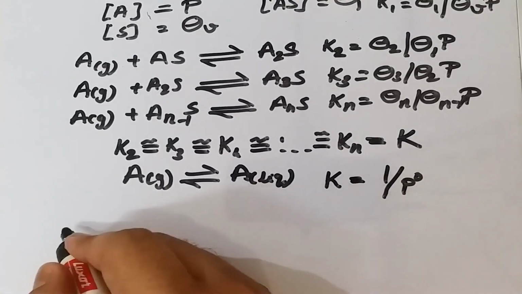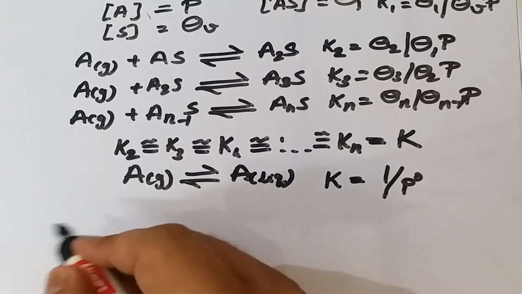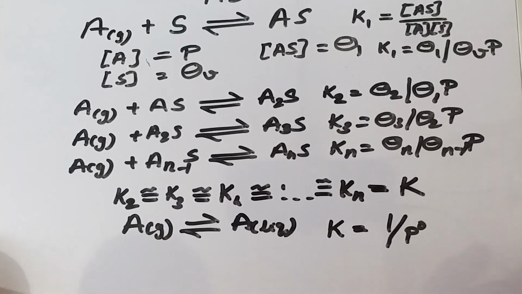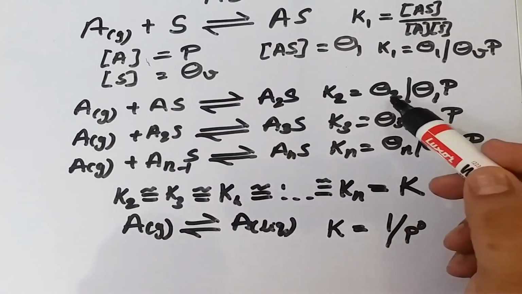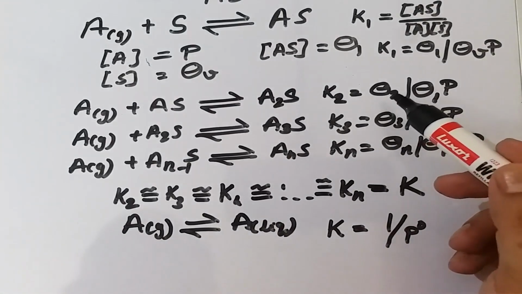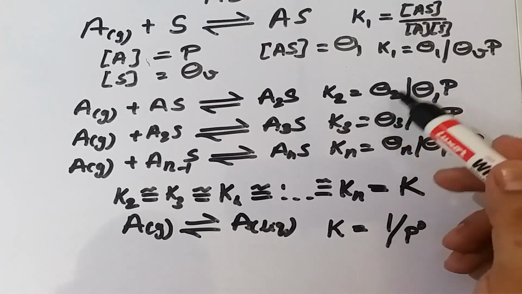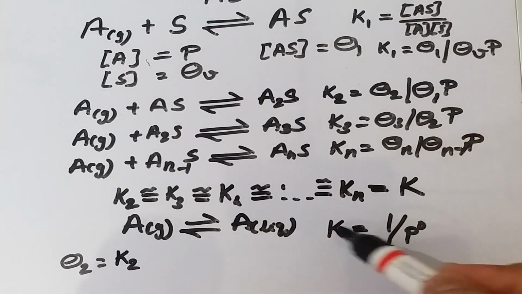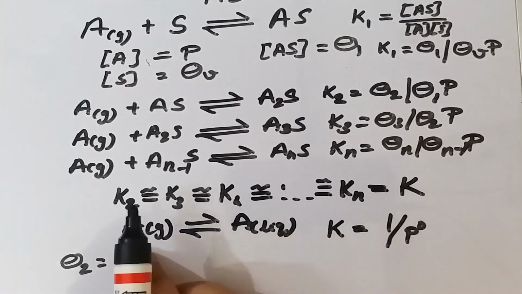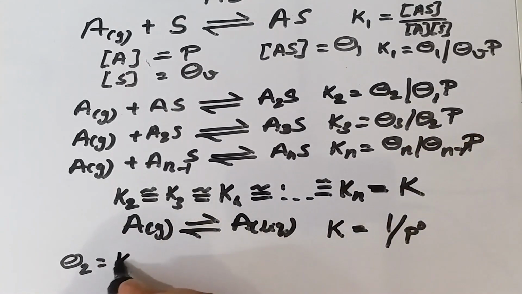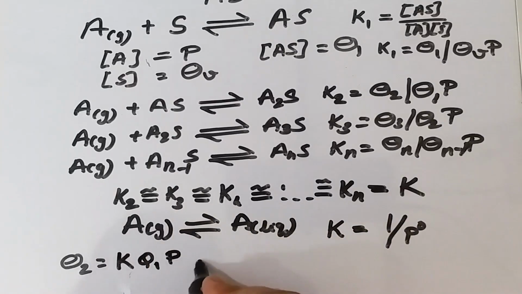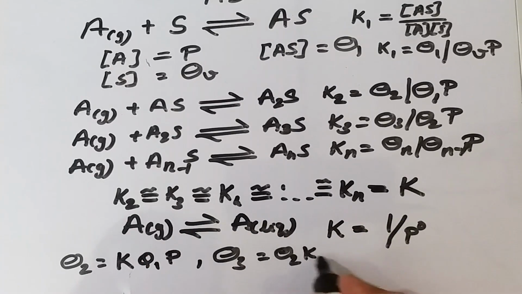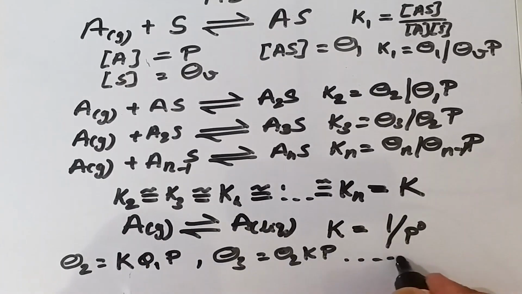Now further we can use the equilibrium condition to generalize the fraction of adsorption, that is, we can rearrange all these expressions in the form of the fraction of the molecules that are adsorbed. So theta 2 equal to, in place of all this we are substituting K, so theta 2 is equal to K theta 1 into P. Similarly theta 3 will be equal to theta 2 into K into P, and so on.